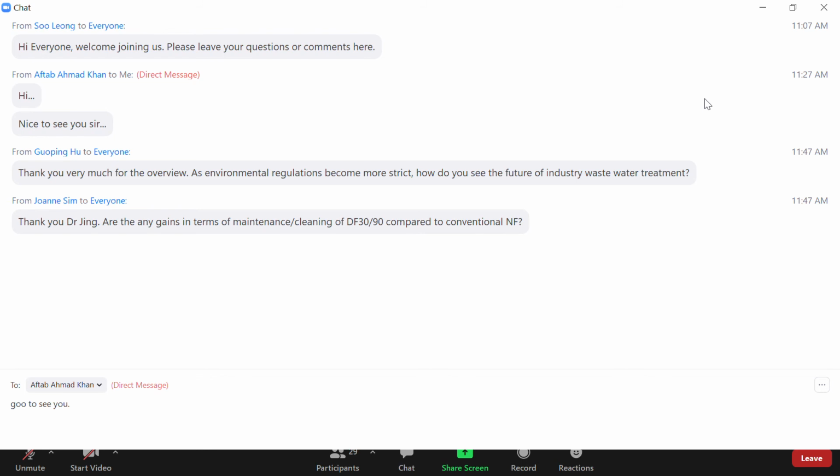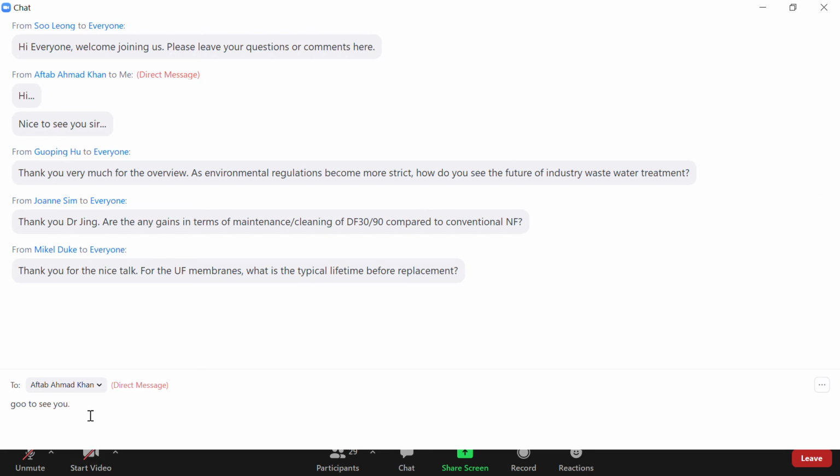So we need to classify the industrial wastewater into different groups, and treat the water, for example, by membrane technology or membrane technology combined with other technology for different purposes. First we need to classify the industrial wastewater and apply the technology for different purpose treatment.